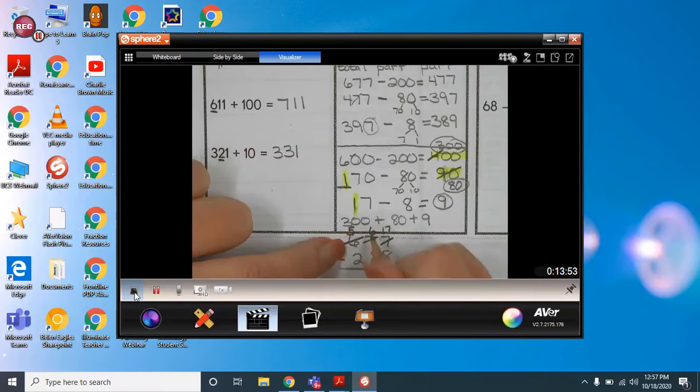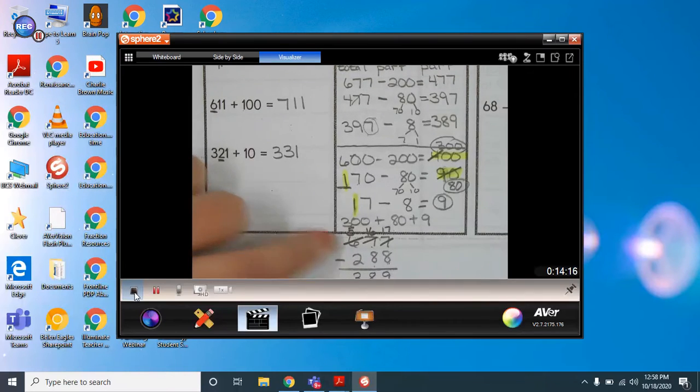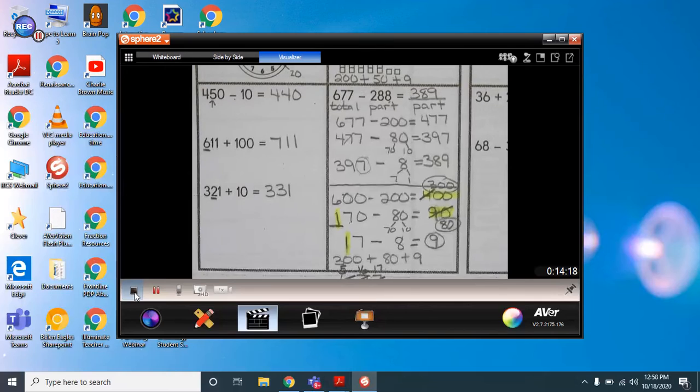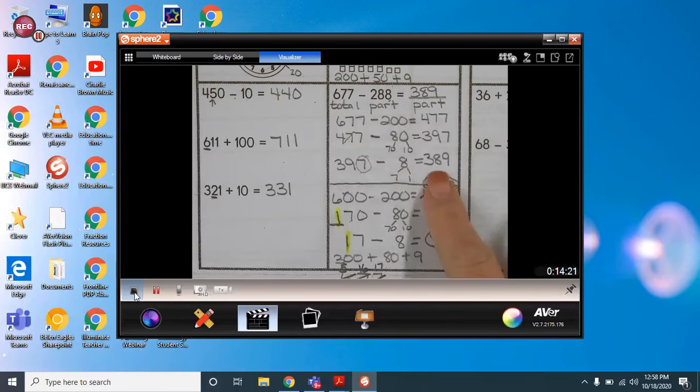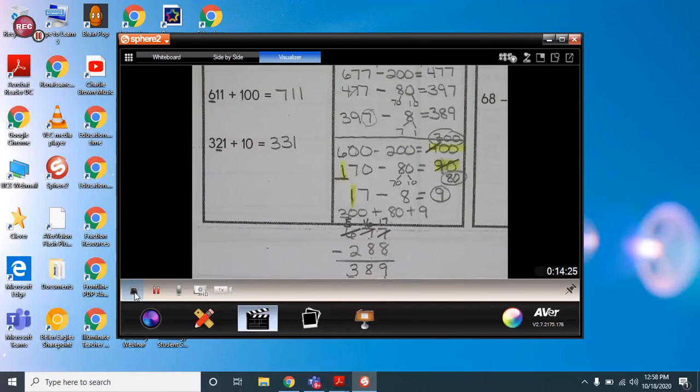Now I'm going to have 16 tens, which is 160, which here makes 170. 16 tens minus 8 tens is 8 tens, which is 80. And 500s minus 200s is 300s. That gives us 389, which is exactly what we ended up with when we subtracted in the other ways and using our algorithm.